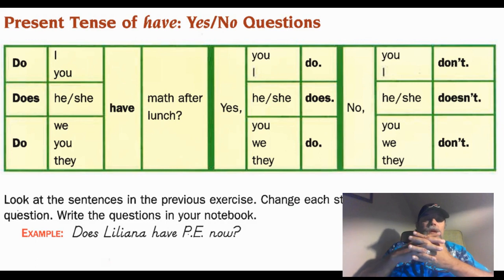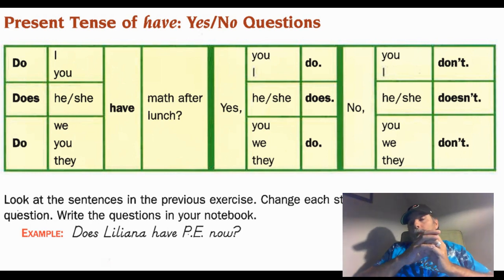For example, you might say, does Mike have English class third period? And the answer is going to be no, he does not. Or you might say, do you have PE ninth period? And the answer is no, I do not.